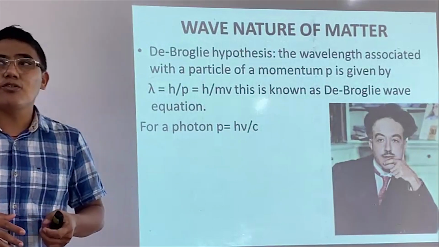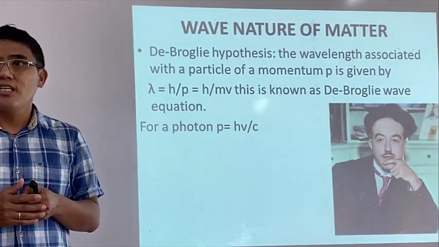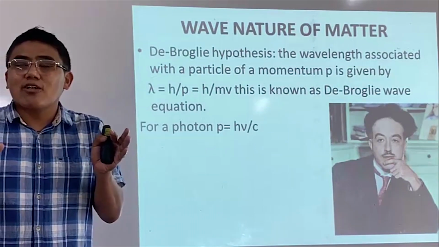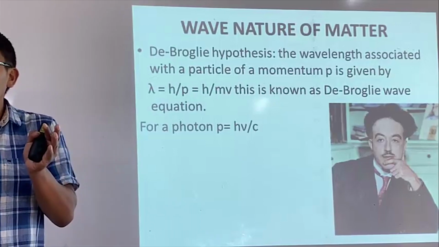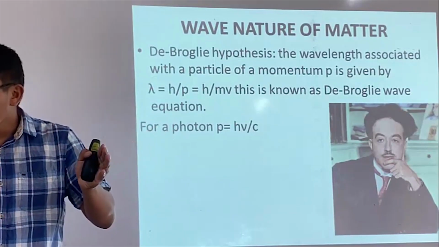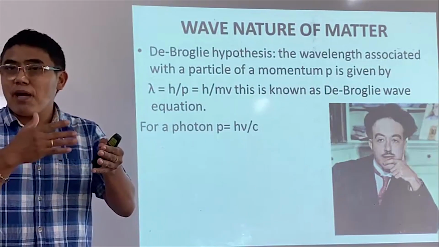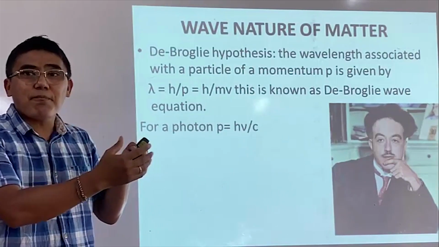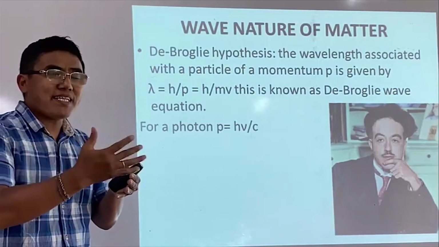This kind of question was first asked by de Broglie, right? Normally we say that the universe is very symmetric, right? So if light behaves like a wave as well as particles, I ask, why not matter?